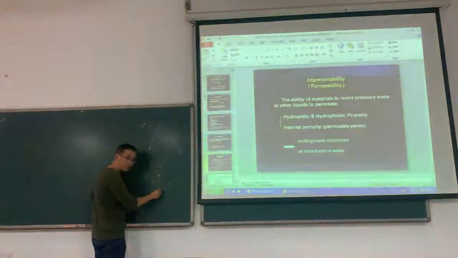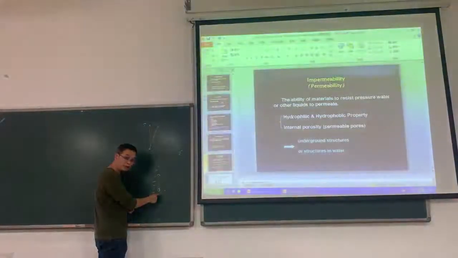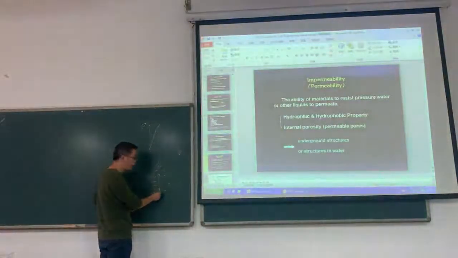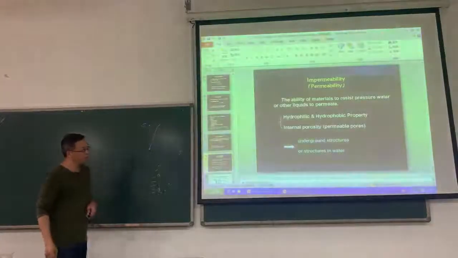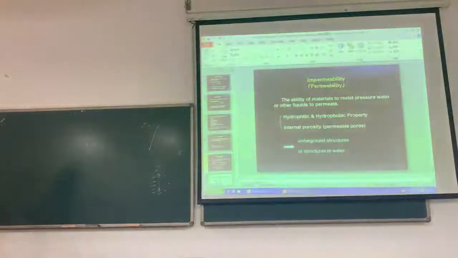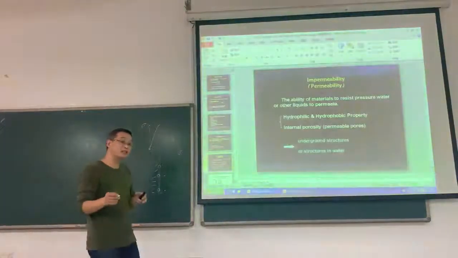Because the pressure here is very big, the permeability of the water is big, and the impermeability is bad here. Especially for underwater structures, the impermeability is very important when we select the materials.